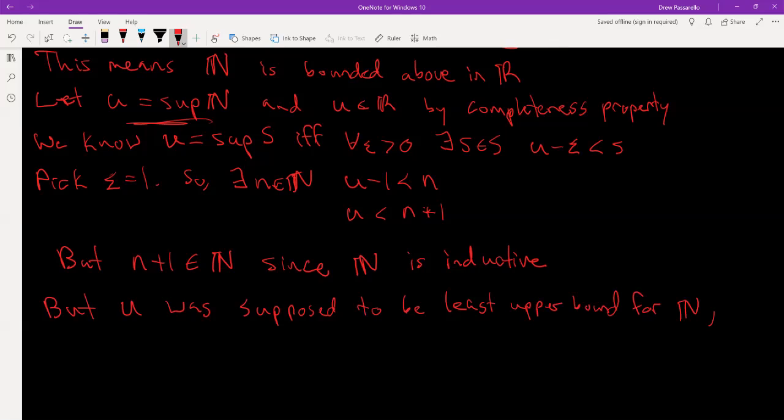Yet we found an n in the natural numbers where our upper bound U is less than n plus 1.